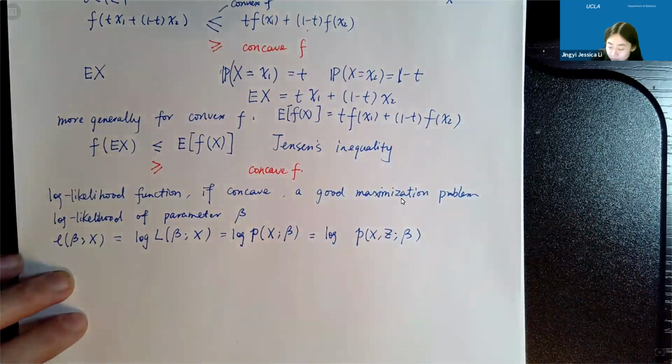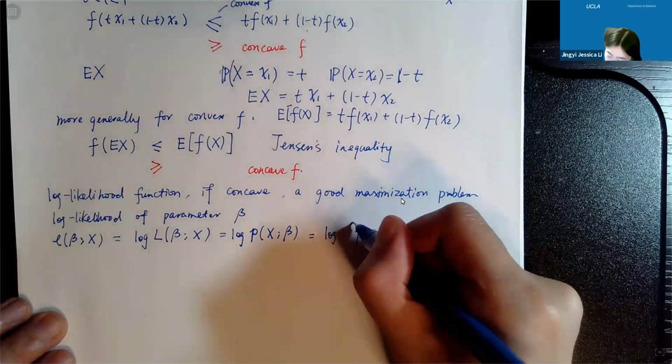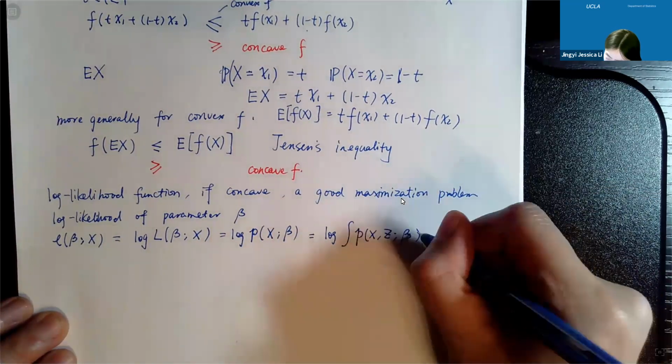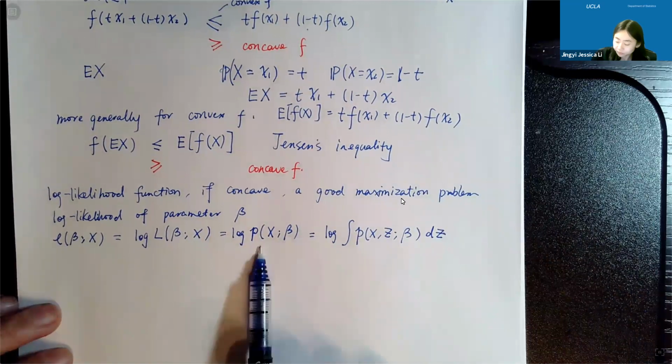That marginalization involves integration. So essentially what we're doing is integrating over Z, removing Z.